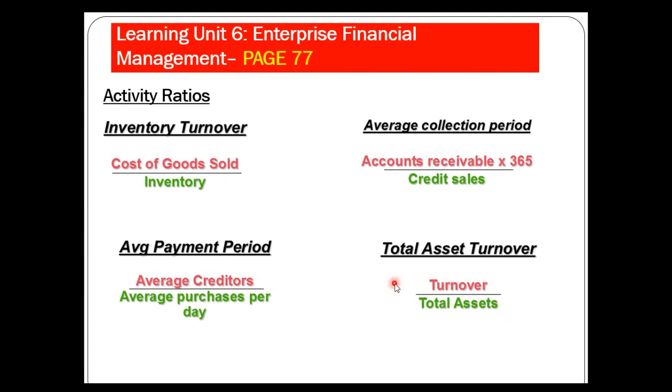This ratio shows how effective or efficient the use of assets is in generating turnover. Remember, turnover is the same as sales. If we use assets effectively, our turnover is going to be more. So again, this ratio will tell us whether we are performing better or not.